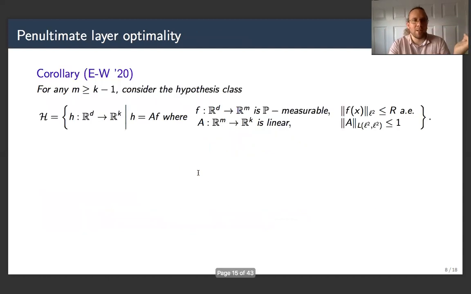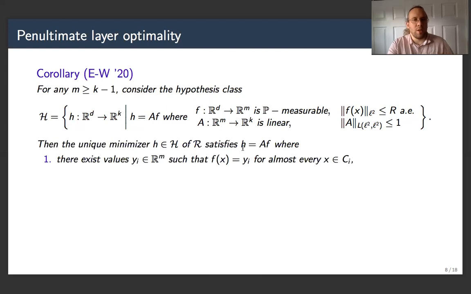So let's go back to the penultimate layer, and here we consider again a function class where the classifier can be decomposed as A times f, where A is linear and f is very flexible, in our case just measurable. And so we're looking at the case where the output is constrained and the operator norm of A is constrained.